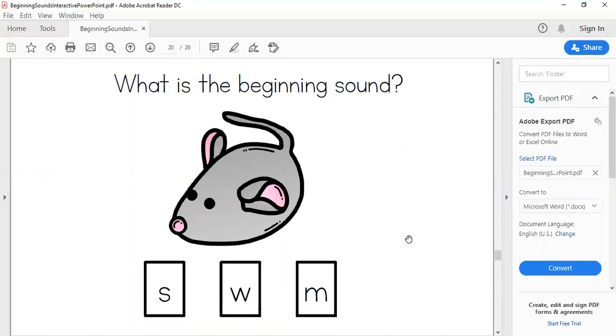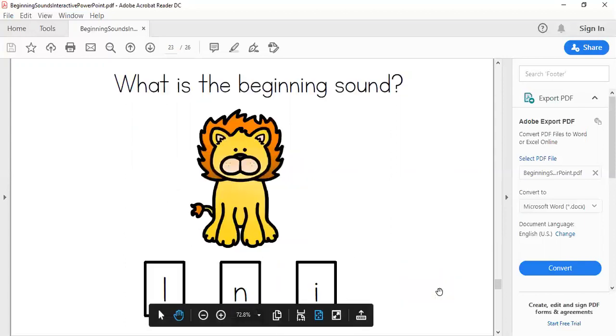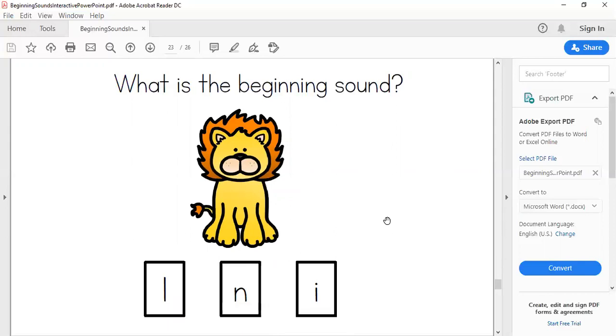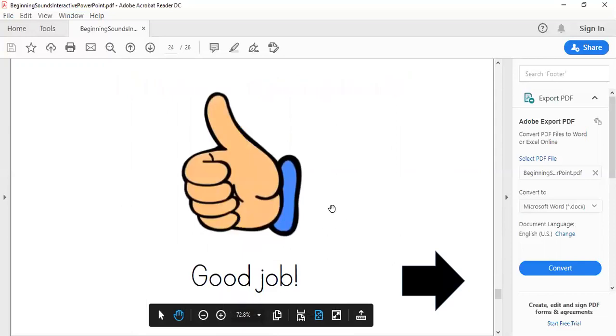I hear the sound, which is the letter M. What is the beginning sound of lion? I hear the sound at the beginning, which is the letter L. Oh, we got them all right, boys and girls, and I hope you had fun practicing those.